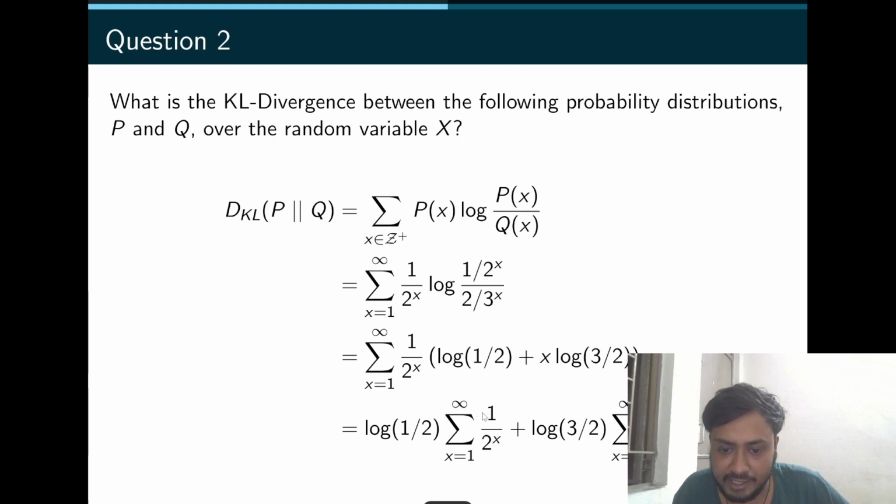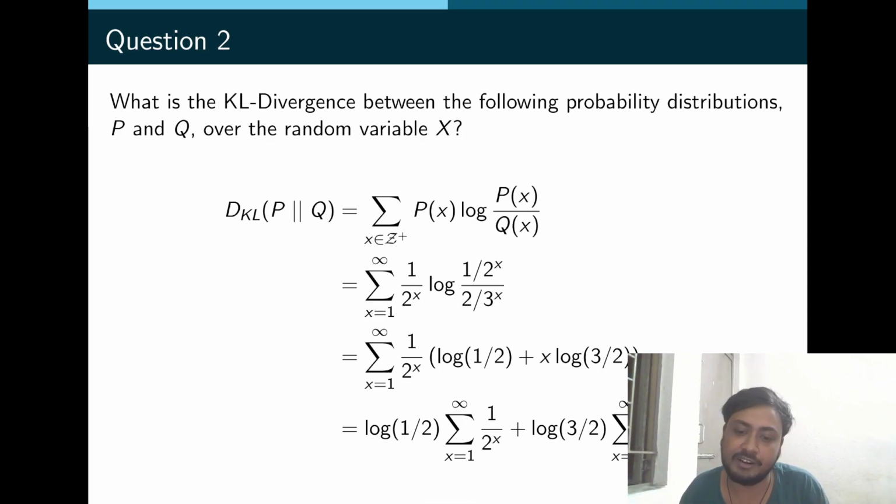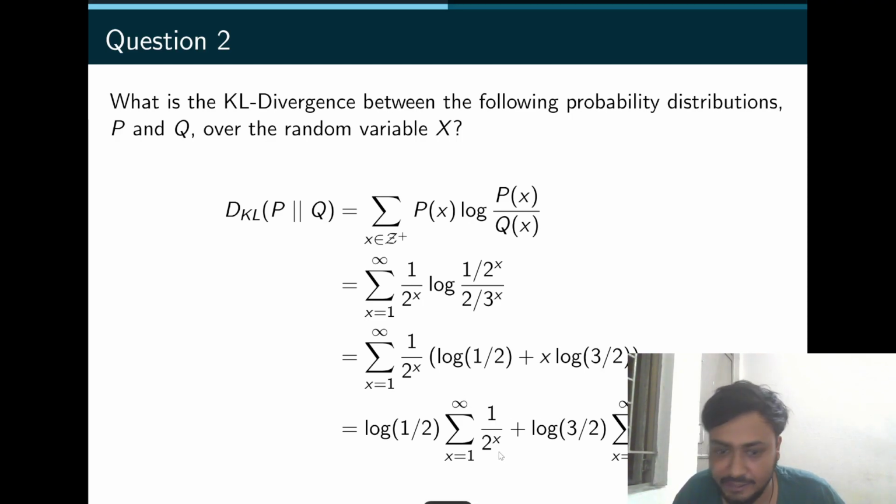Here we start the series with 1 by 2 and the ratio is 1 by 2. Every consecutive element is 1 by 2, then 1 by 2 square, then 1 by 2 cube. So that is a GP series.